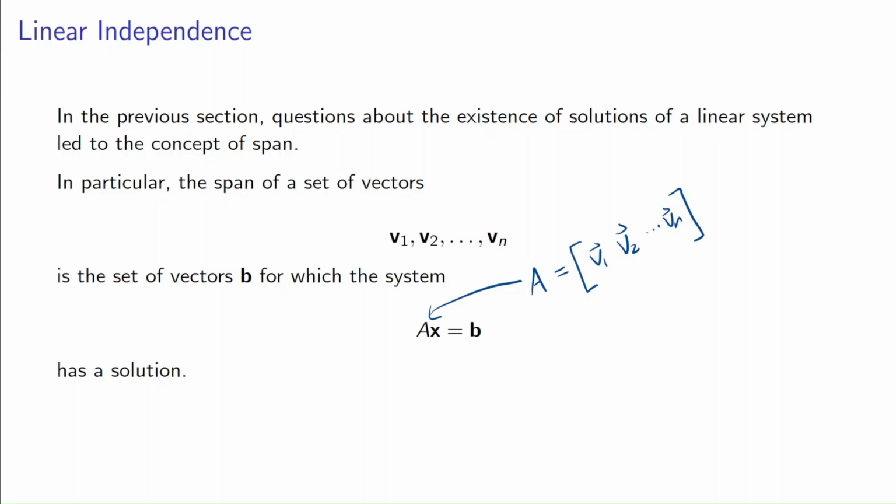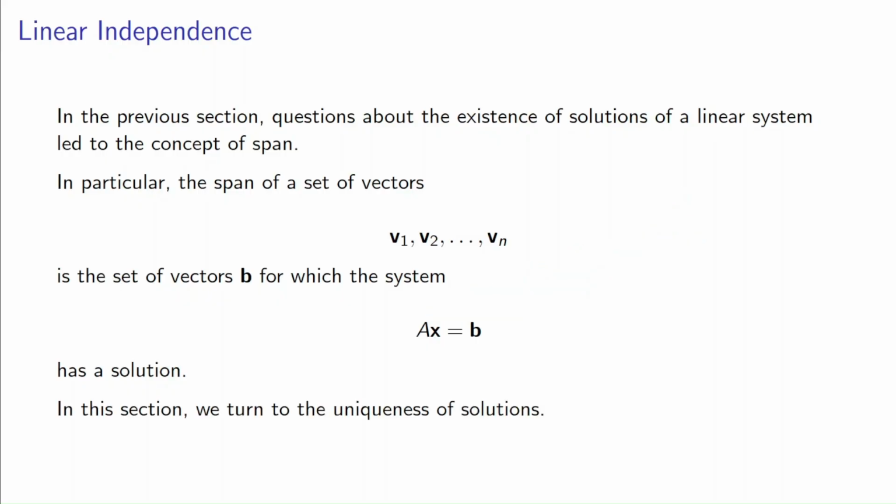Said another way, the span of a set of vectors is the set of all linear combinations of those vectors v1 through vn. In this section, we're going to look at the uniqueness of these solutions.